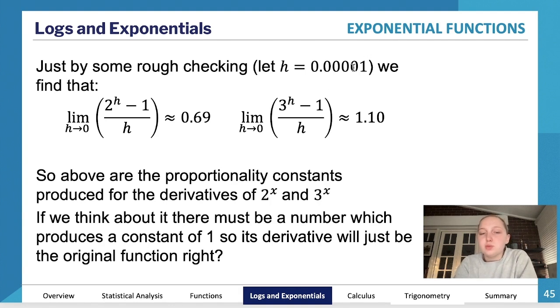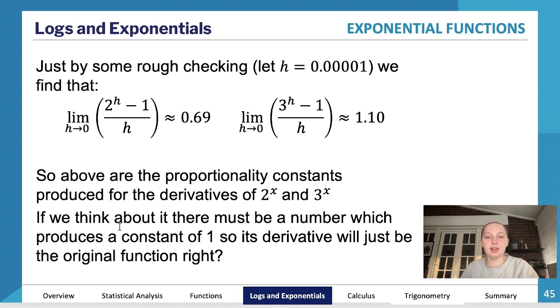So essentially we use this small number to show h approaching 0. So in these two examples above, you can see your proportionality constants are produced for the derivatives of 2^x and 3^x. Okay, so I'm going to leave you guys to think about this for a second.